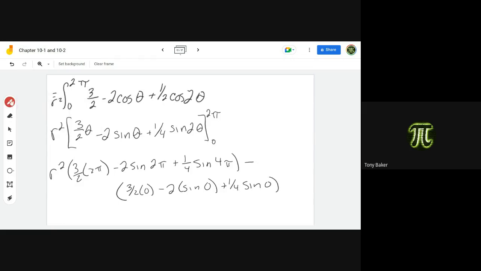So r squared, that's 3 pi, right? That's 0, that's 0, that's 0, that's 0, and that's 0. So my answer is 3 pi r squared.